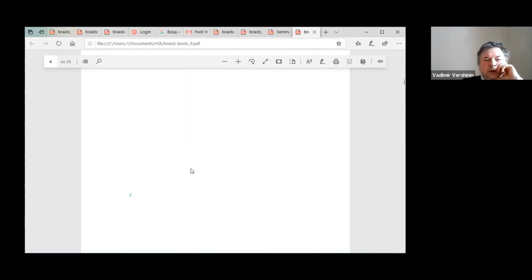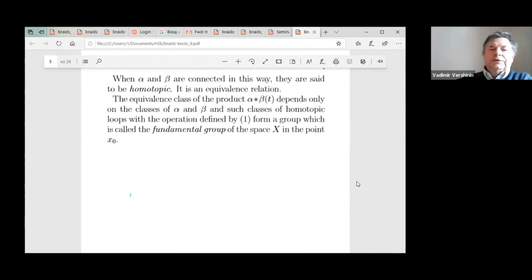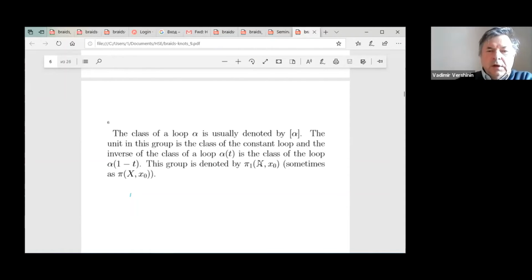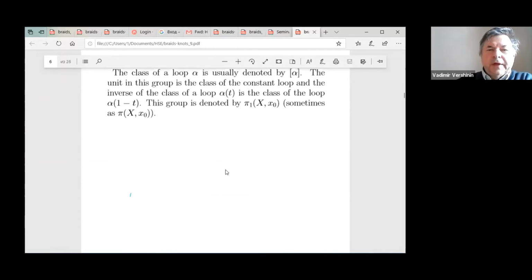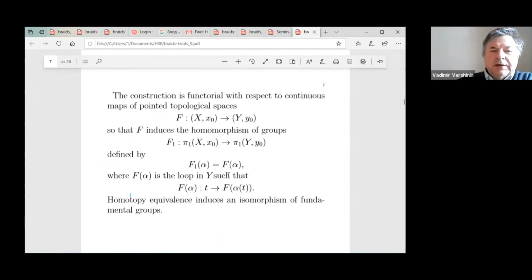I will not speak a lot because we were already studying isotopy a lot. Then the fundamental group, these are loops, but you consider them up to homotopy. And only this up to homotopy gives us the group.